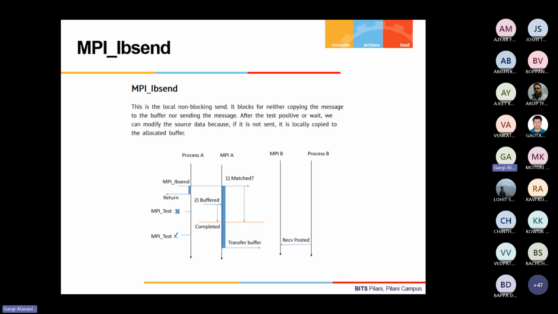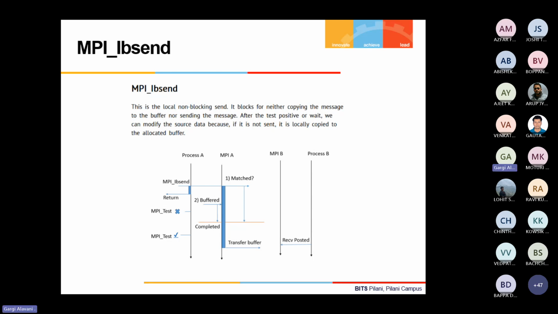So there is another option, which is MPI_Ibsend, which is again a non-blocking send, where it blocks for neither copying the message to the buffer nor sending the message. Once you test it positive or wait, you can then modify the source data.